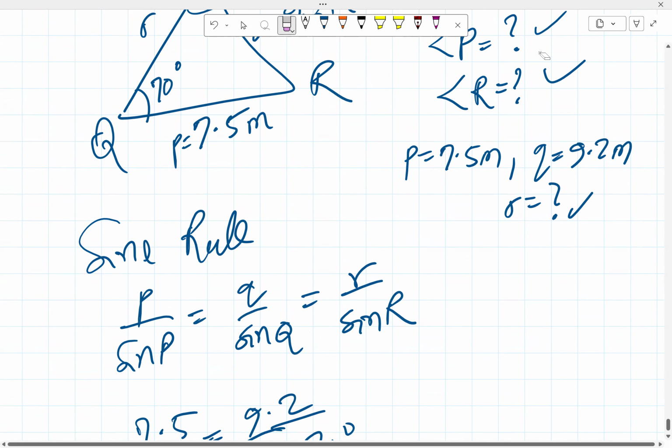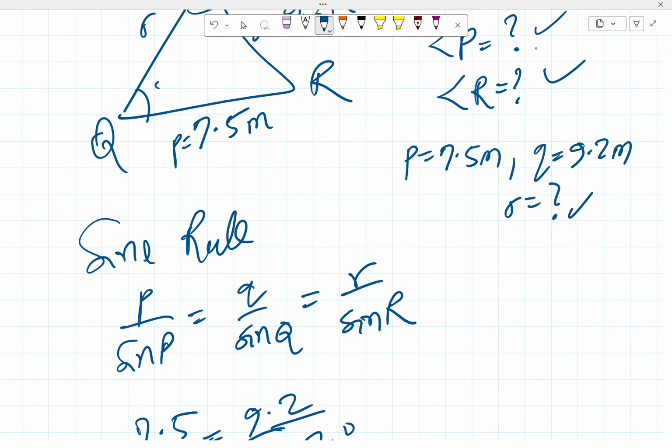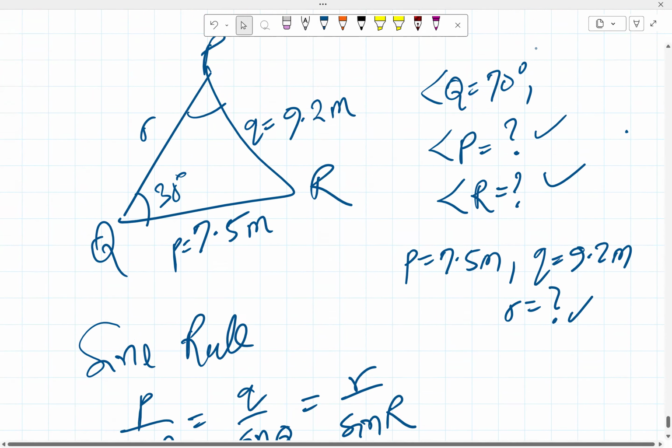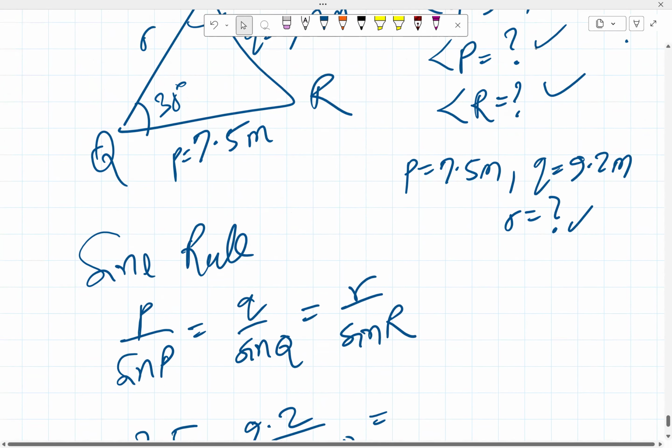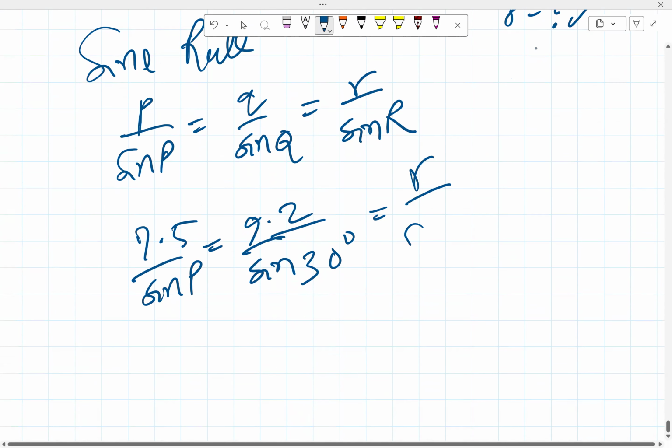Let me make it 30 degrees, intentionally, for easy handling. So this is now 30 degrees, and this is R over sine R.